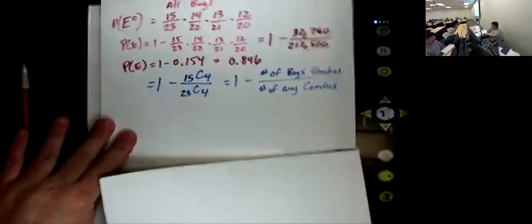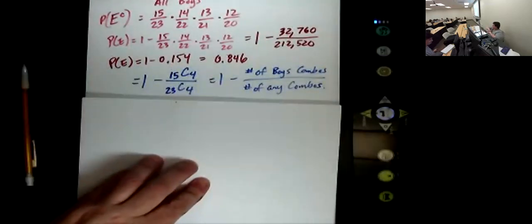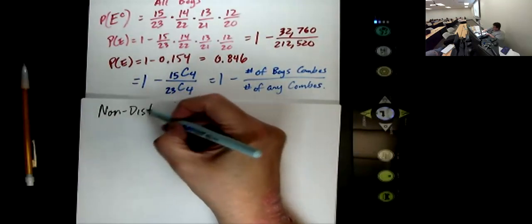In this case, everything we've done so far, the objects have been distinct. The boys are each different names, they're individual boys. They're not like robot boys. We picked horses, each horse was a different horse. What about non-distinct objects, where they all look the same?